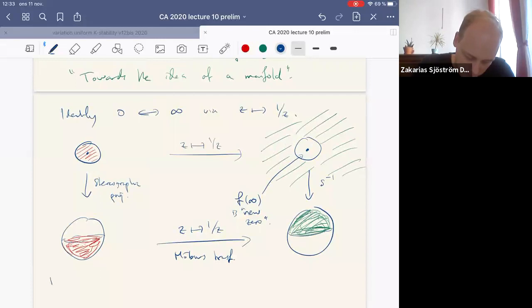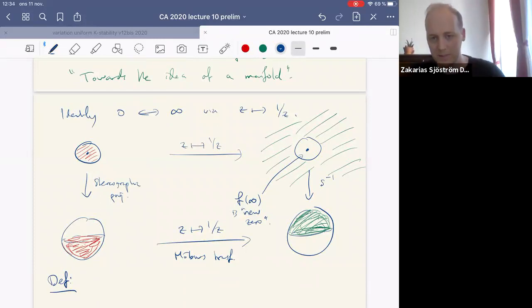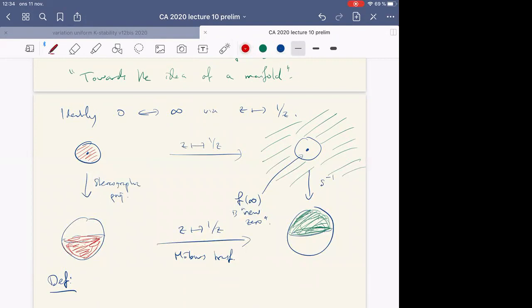And then the definition is the following of what it means now to be holomorphic at infinity or meromorphic at infinity or something like that. If you can guess, maybe from this picture. F is going to be holomorphic or meromorphic at infinity if f of 1 over z is holomorphic at 0.